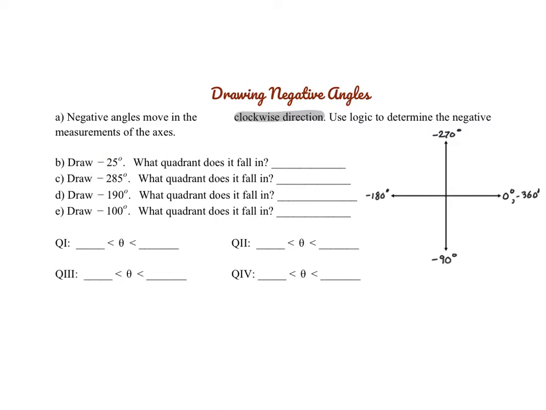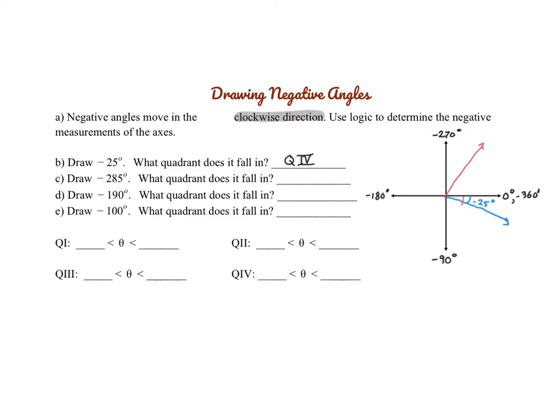So let's see if we can draw these different negative angles. Let's start with negative 25. That's going to be between 0 and negative 90, so maybe right around here. And we could draw our little arc and say negative 25 degrees. And this is going to be in quadrant 4. The quadrants are still labeled the same. Now let's do negative 285. That's going to be between negative 270 and negative 360. So let's draw that in quadrant 1.